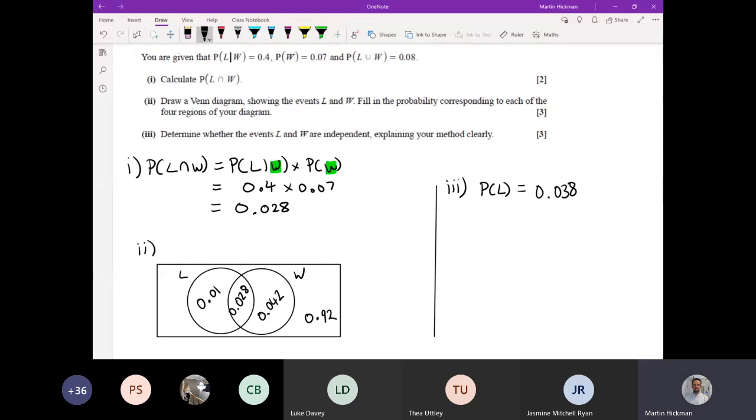Okay, that's what happens when I add everything in that circle for L. We're also given that the probability of L given W is 0.4. So we can clearly see there the probability of L given W does not equal the probability of L. Therefore, they are not independent.